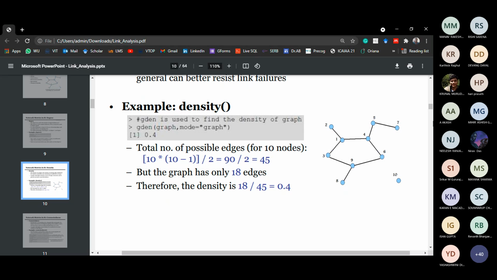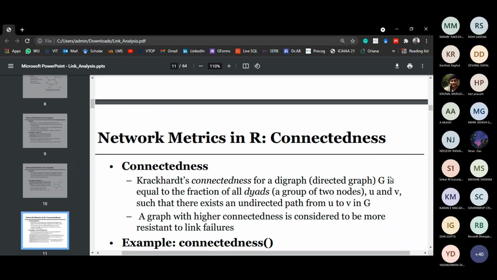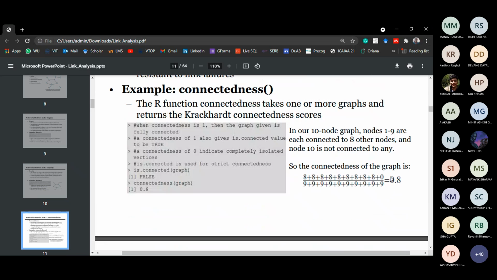So it is 8 plus 8 plus 8 plus 8 plus 8. For 10, how many connections are there? 0. So you see here, the connectedness of the graph: the first 8 is for node 1, second is for 2, 3, 4, 5, 6, 7, 8, 9, 10. For 10, how many connections are there? 0.